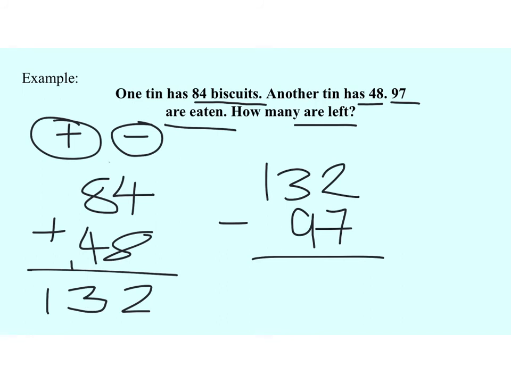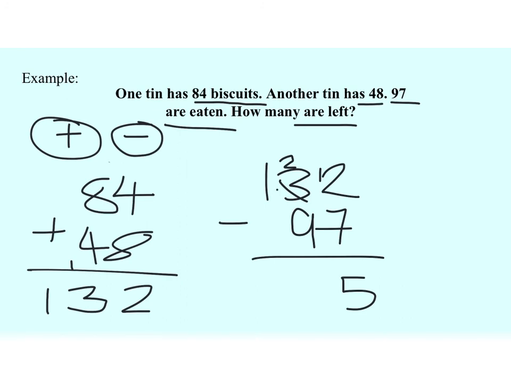Now, 2 take away 7 I can't do. So therefore I have to go to the 3 and make it a 2 and carry that 10 over to make it 12. So 12 take away 7 is 5. Now, 2 take away 9 I can't do either.